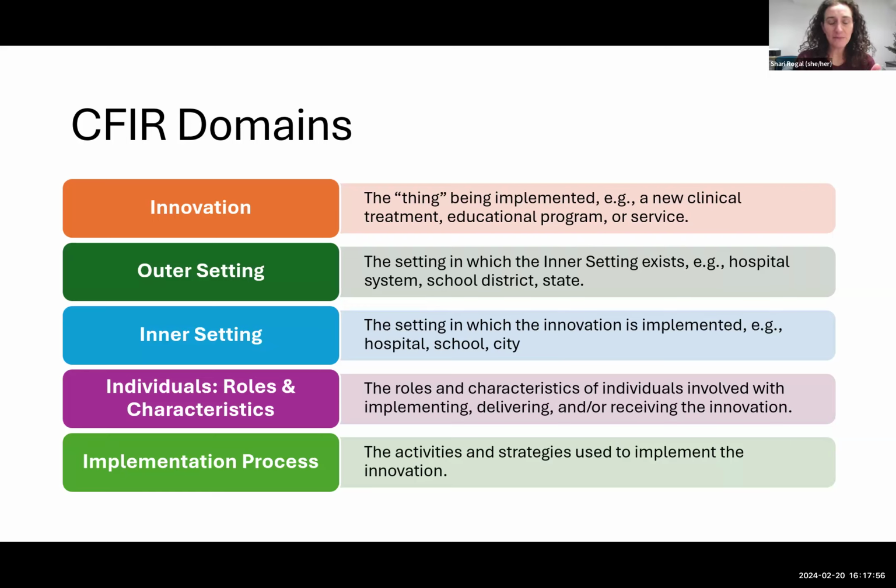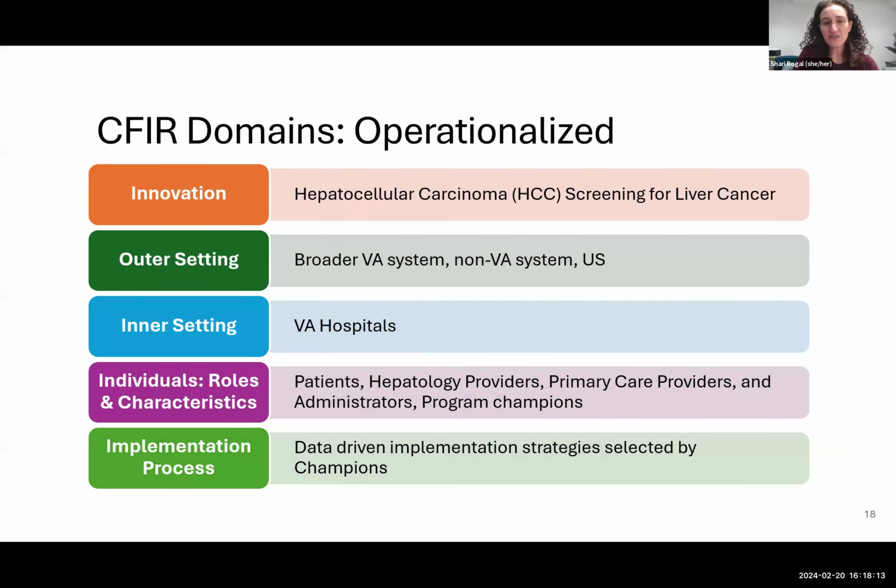And then the implementation process focuses on the activities and strategies that are used to implement the innovation, and really thinking about this is why it's so important to delineate that boundary between the innovation, where that ends and where this process begins. And so this is just an example from a project that we just did implementing liver cancer screening. We focused on VA hospitals. Each VA hospital was considered to be its own inner setting.